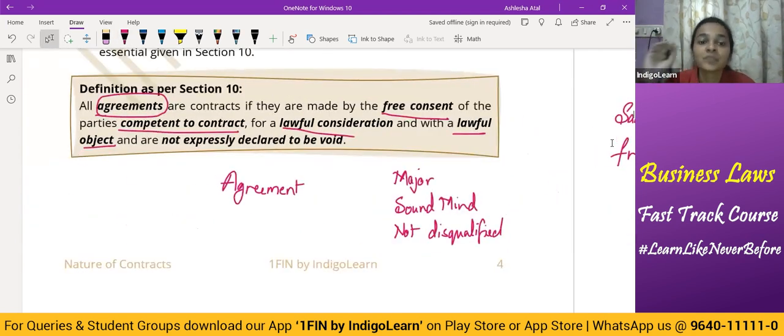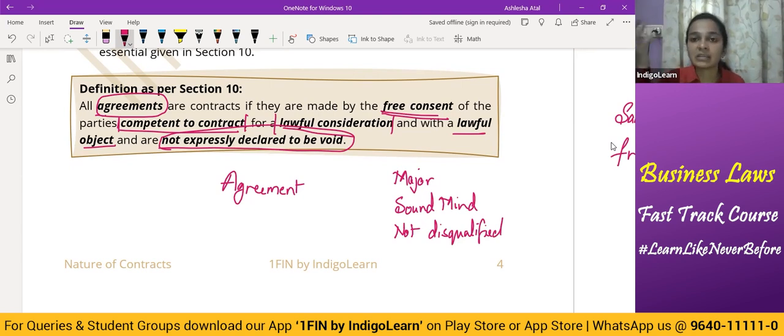And finally, all agreements are contracts if they are made by free consent of parties competent to contract for a lawful consideration and with a lawful object and not expressly declared to be void. So when we go to chapter 3, we are also going to understand the different agreements which are specifically declared to be void.